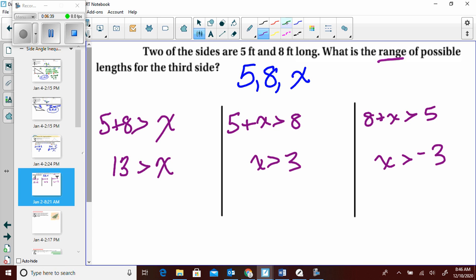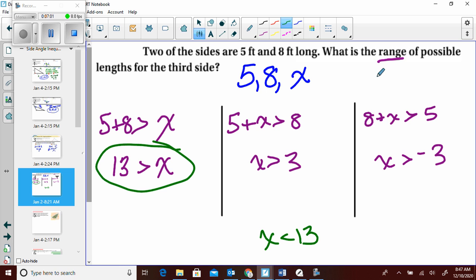First thing you do, find the one that's by itself. That's X is less than, because we read the variable first. X is less than, X is greater, X is greater. X has to be less than 13, because there's no other choice. Now it has to work for both of the others. If I'm looking at 0, 3, negative 3, I got X is greater than 3 and greater than negative 3.